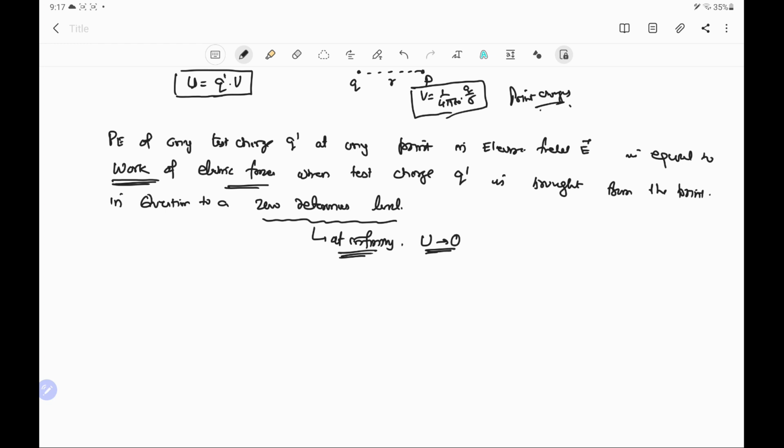In the same way, we now define the potential in terms of the potential energy. We have already found that the work done from A to B is equal to U_A minus U_B. This was the loss in potential energy when work is done by the electric force, and this was equal to 1/(4πε₀) Q' (1/R_A − 1/R_B).